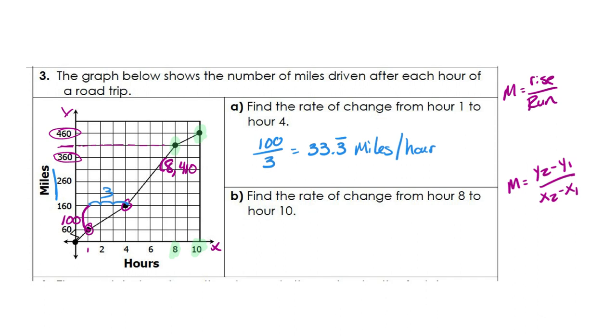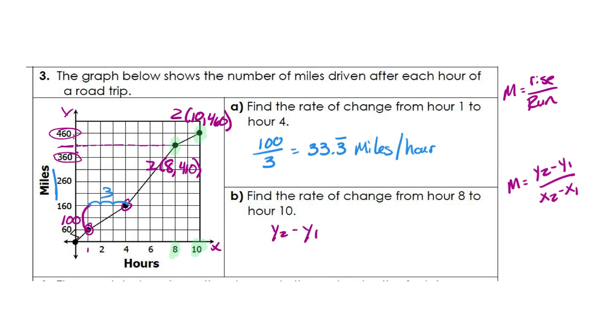So halfway in 2 spaces for 100, so each space is worth 50. So 410. And then this next point, this top point, is at 10, comma, 460.